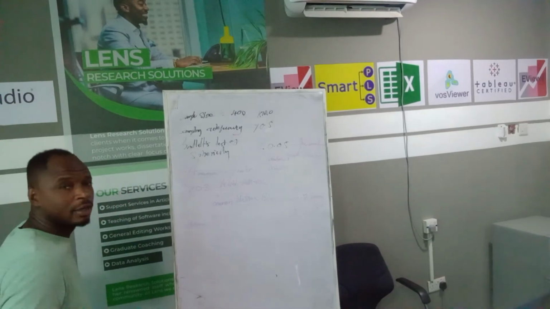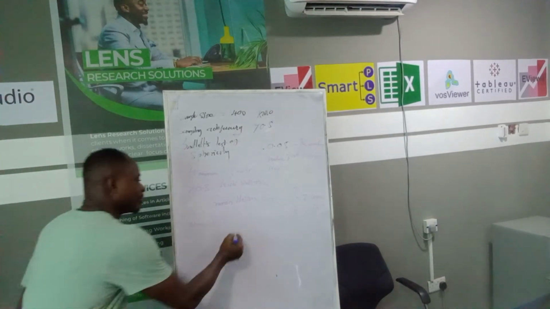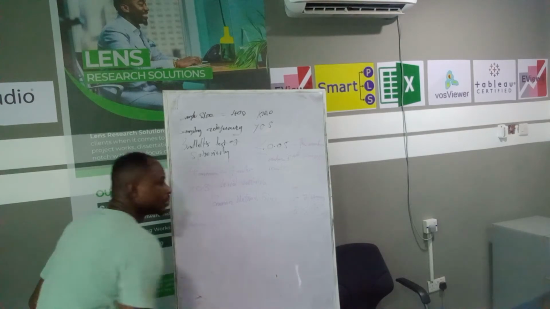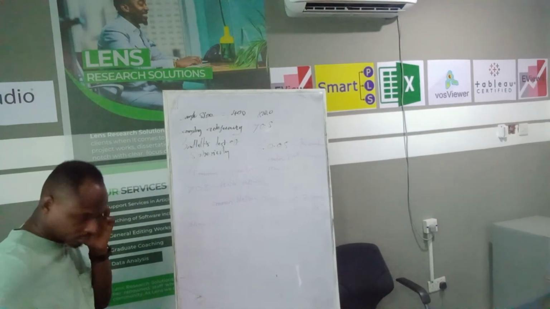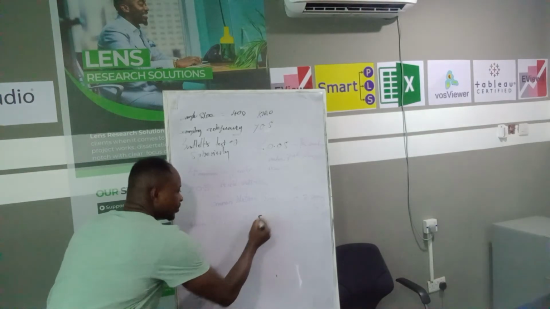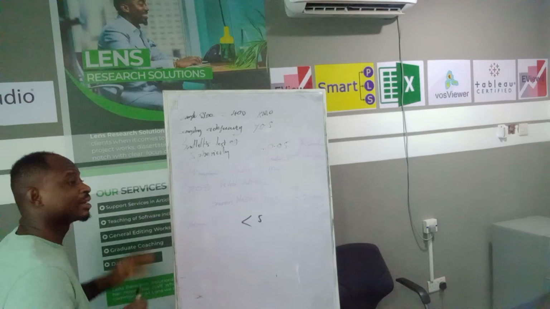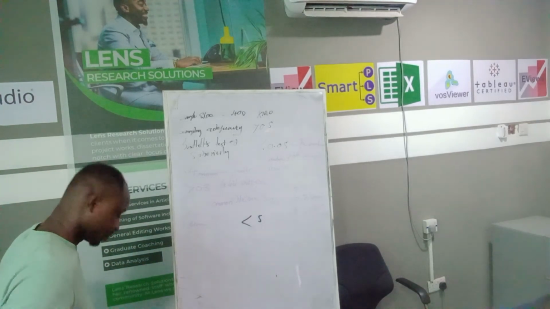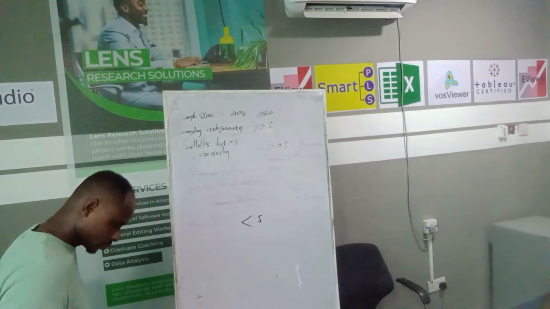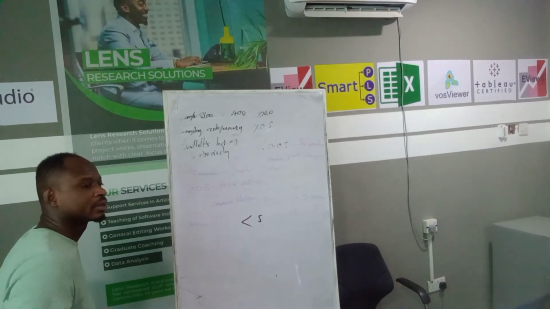The inner VIF should be less than 5. If your inner VIF is less than 5, then there's no threat of common method bias.